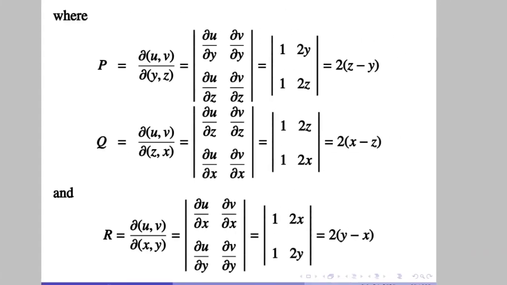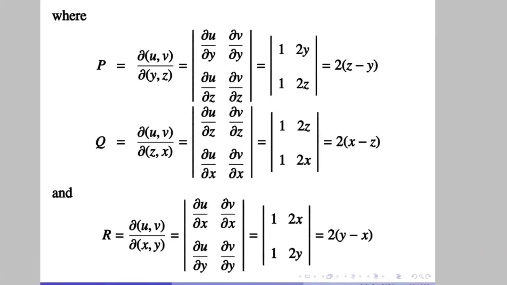That is the determinant of dou u by dou y, dou v by dou y, dou u by dou z, dou v by dou z. And finding these partial derivatives and substituting here, we get capital P is equal to 2 times (z minus y). Capital Q is equal to 2 times (x minus z). Capital R is equal to 2 times (y minus x).